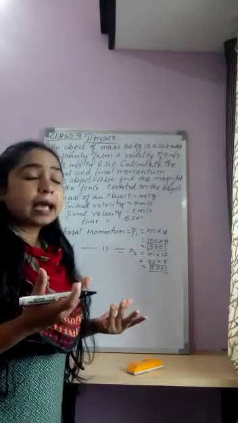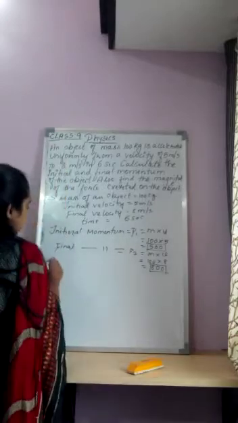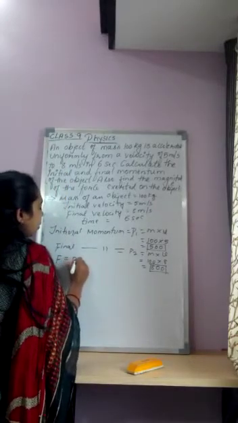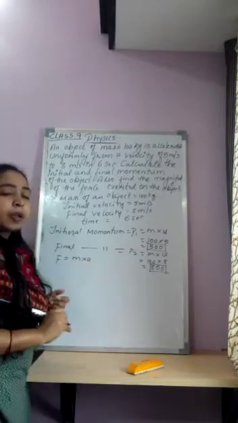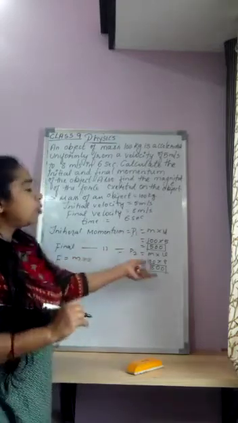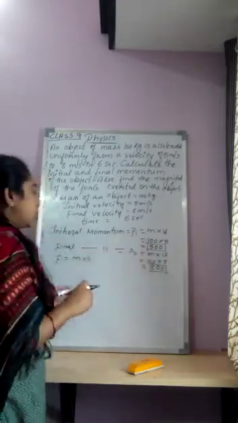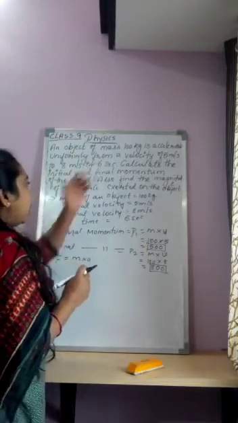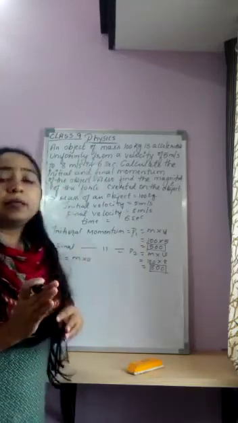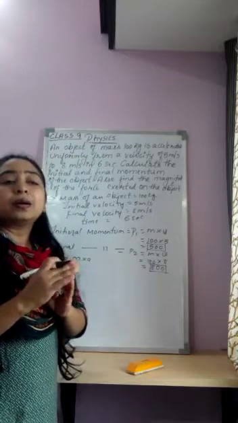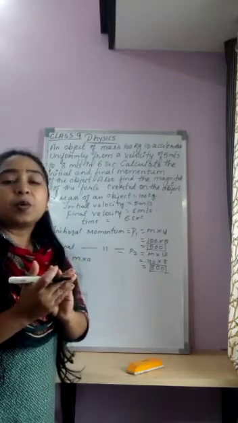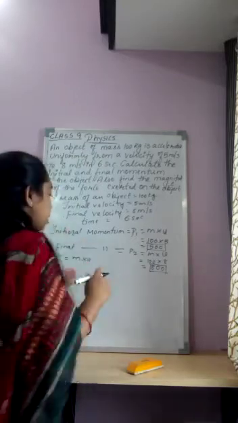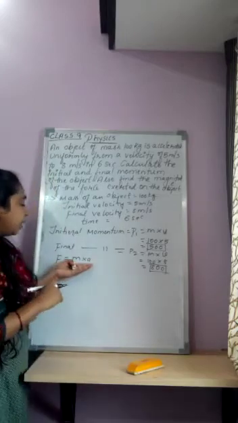Finally what you are supposed to calculate? You are supposed to calculate the force. So what is the formula? F is equal to m into a. Okay, a is not there here. How do you apply the formula? So here we have got change in the momentum we are supposed to calculate. How do you calculate the change in the momentum? P2 minus P1. So F is nothing but m into a.